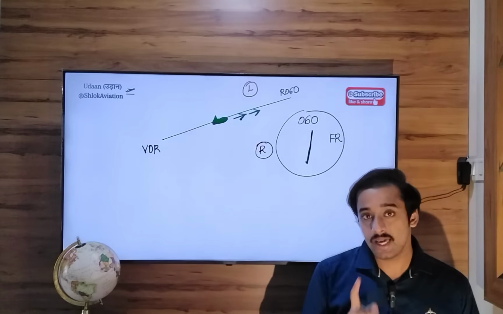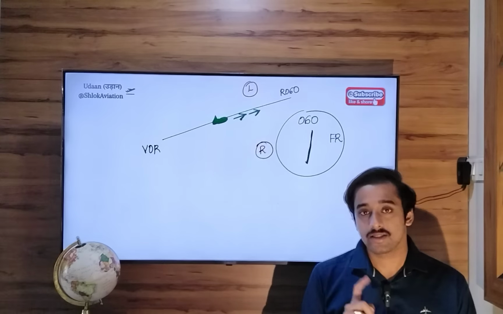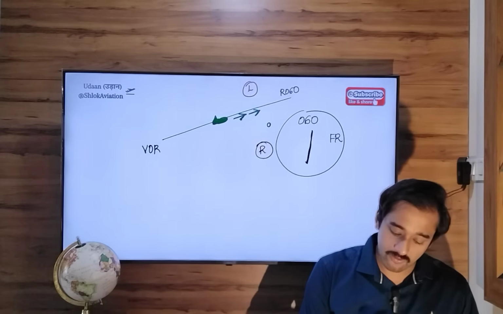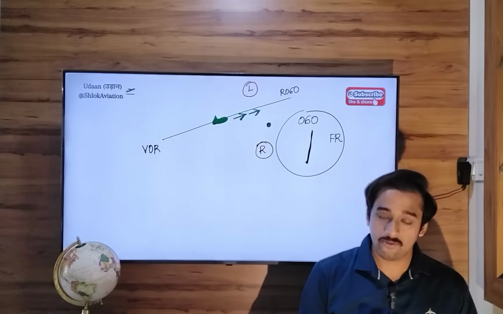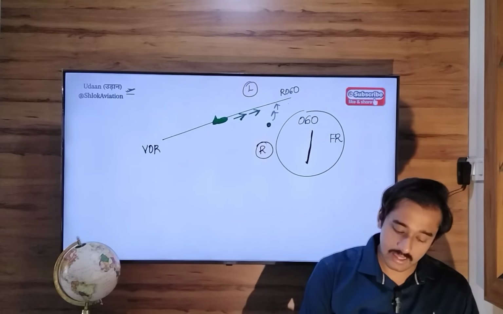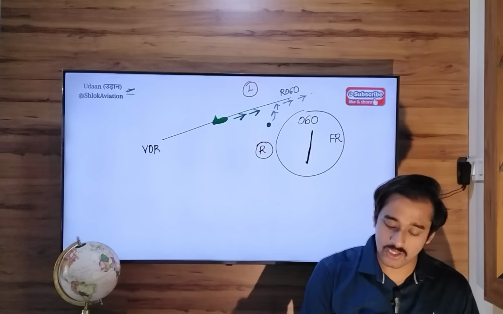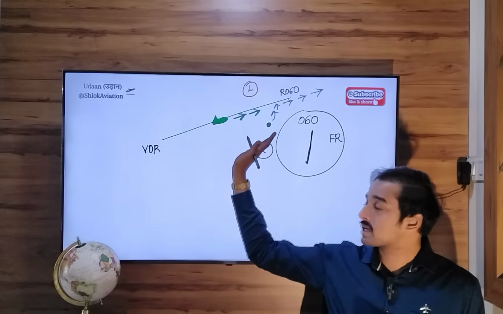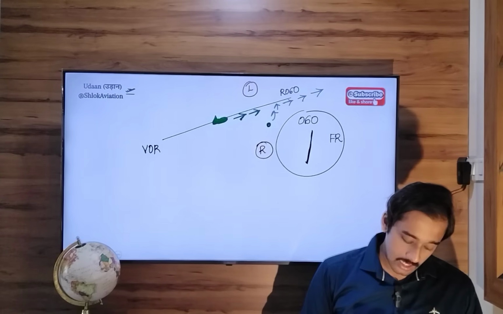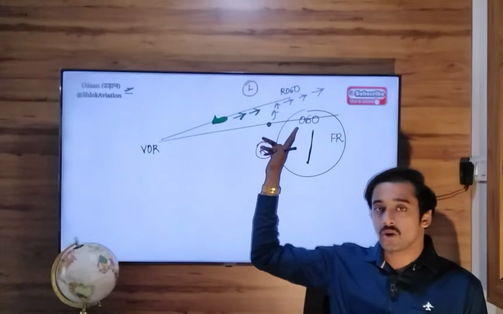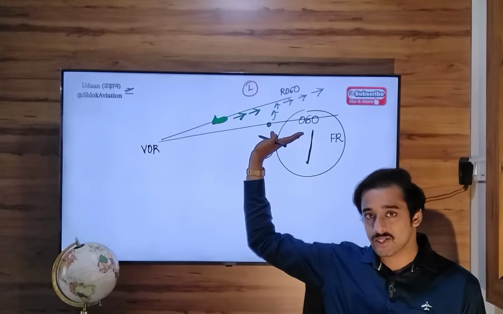Okay, the CDI is telling you to fly left. That means aircraft has deviated to the right hand side. Aircraft is somewhere here, and therefore the CDI indication is to fly left and then follow the track 060 outbound. Now aircraft is to the right hand side. That means the radial passing through its position will be somewhat more than radial 060 because it is to the right hand side.